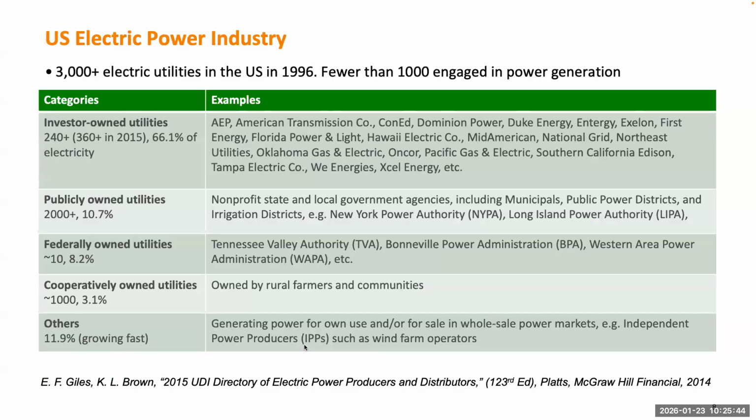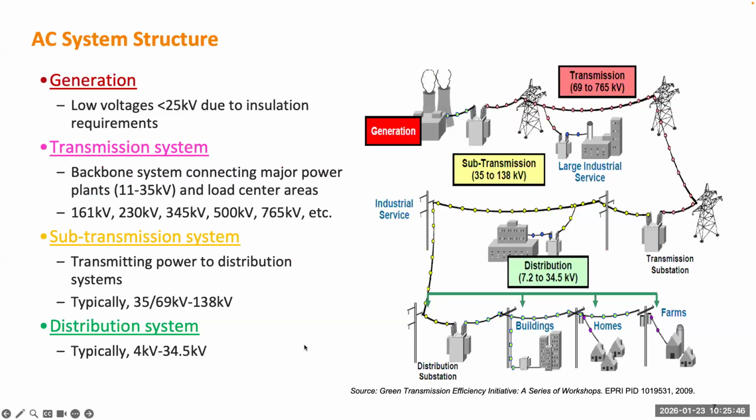Okay, let's continue. This slide shows the AC power system structure, starting from generation until the end users. We can partition the system into four parts, starting from generation.